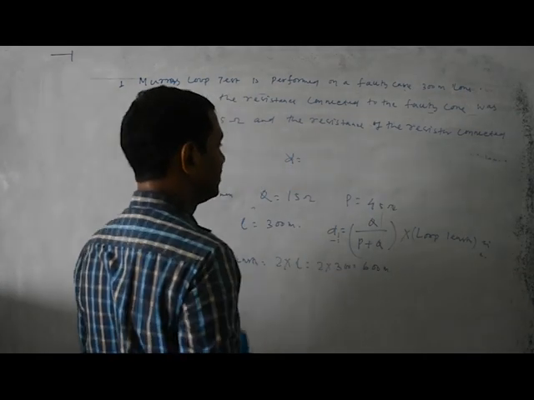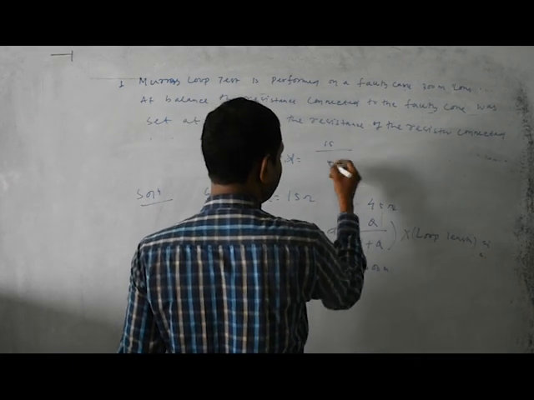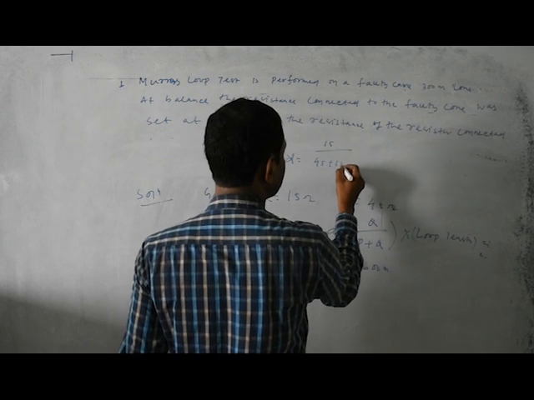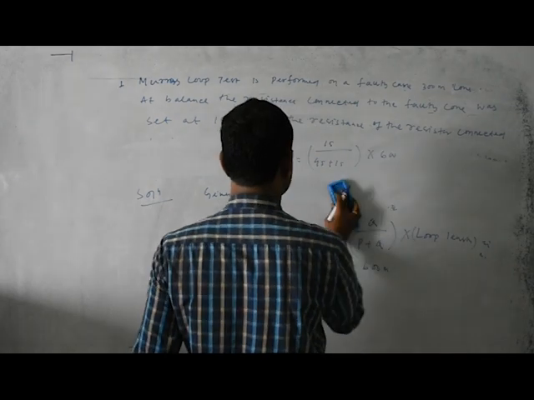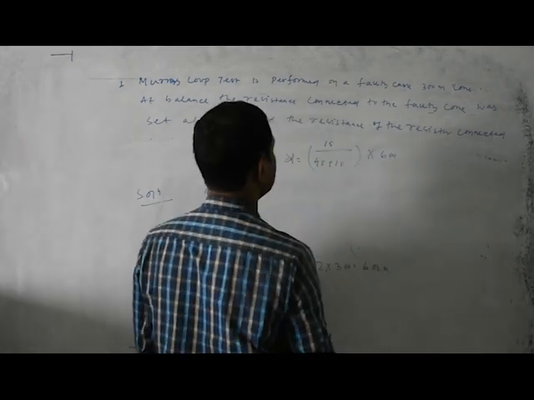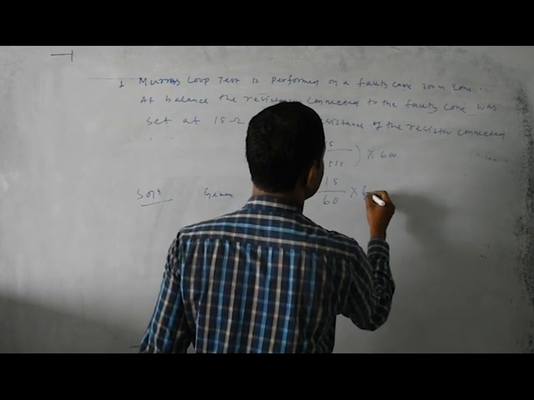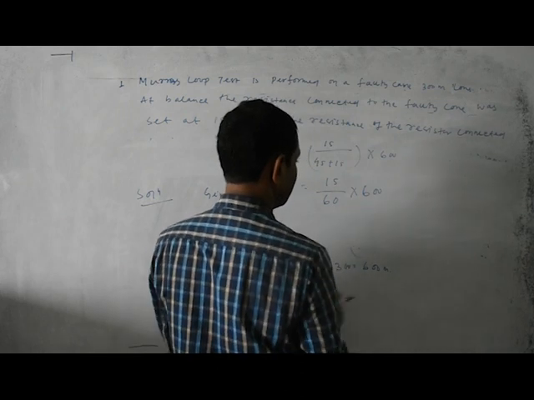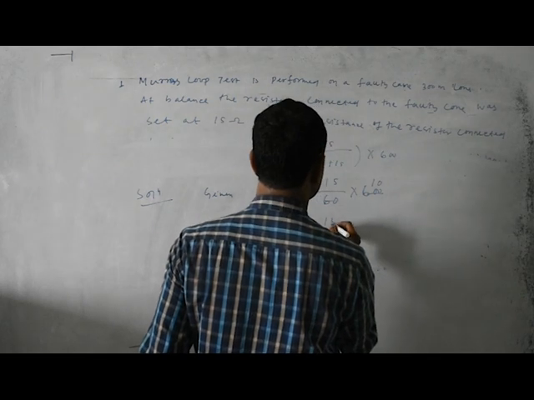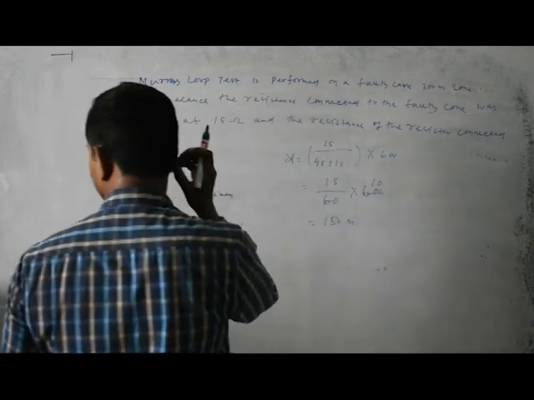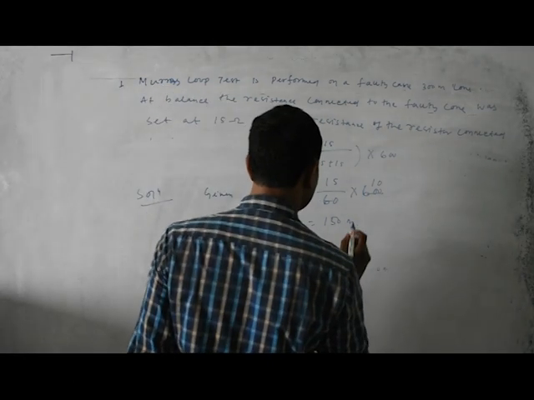You find the D. Putting in the values, Q equals 15, P equals 45: 15 by 60 into 600, and then you get D equals 150 meters.